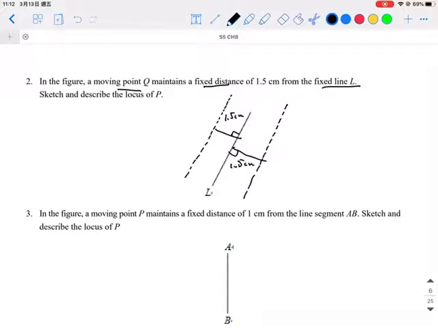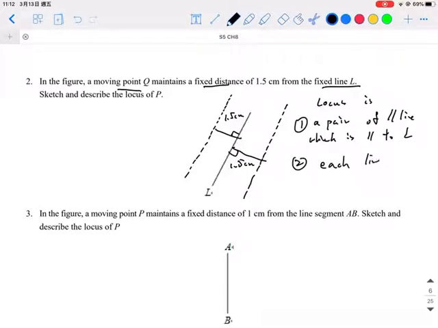To describe it, the locus is a pair of parallel lines. The first is that they are parallel to L, and the second is each line keeps 1.5 cm from L. We finished question number 2.